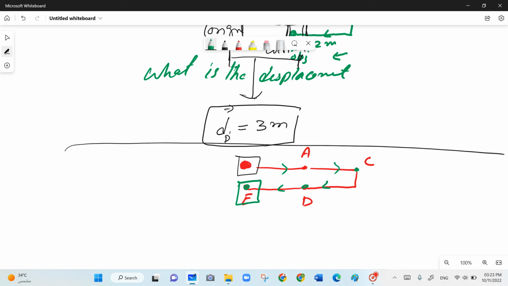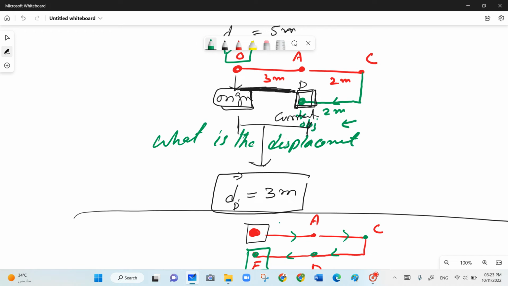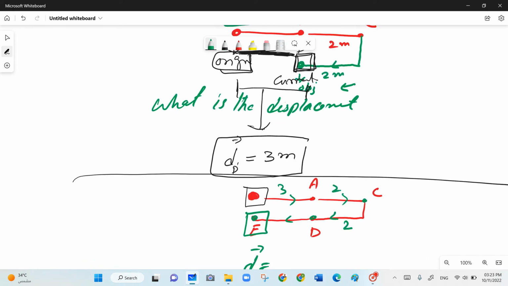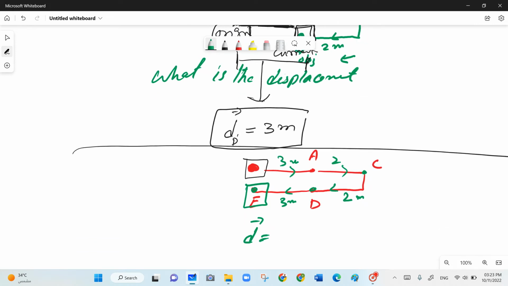So when it is at the same place, what will be the displacement? Can you answer? Think. This was 3, this was 2. So definitely this will also be 2 meter, this will also be 3 meter. So then what is the displacement?